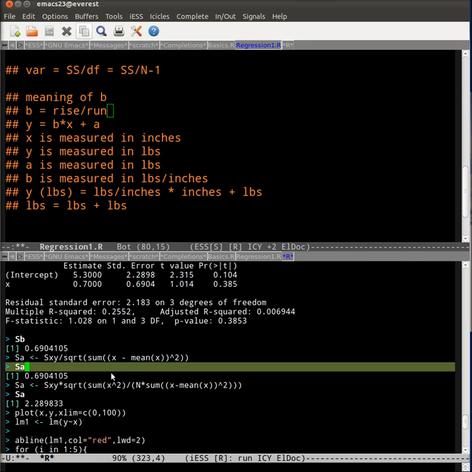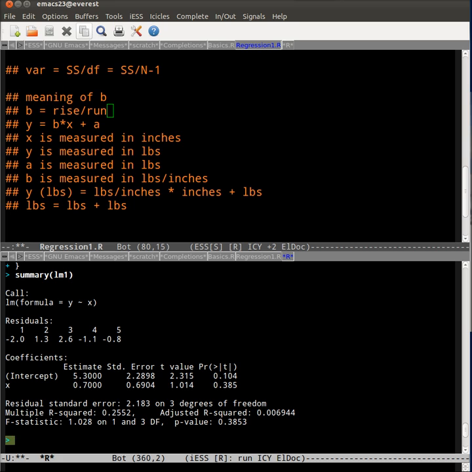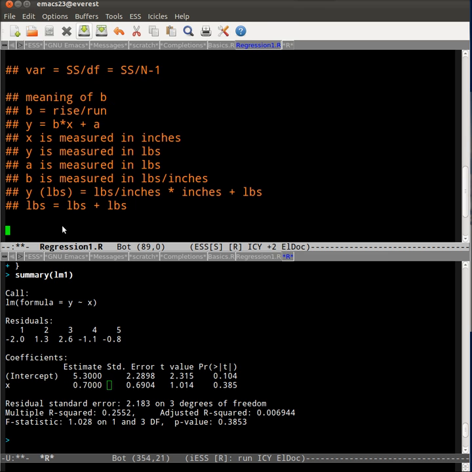And as we found in our formula, if we do summary LM1, you'll see that the slope is 0.7. So what that means is for every increase of 1 unit of X, we get a 0.7 increase in our units of Y.